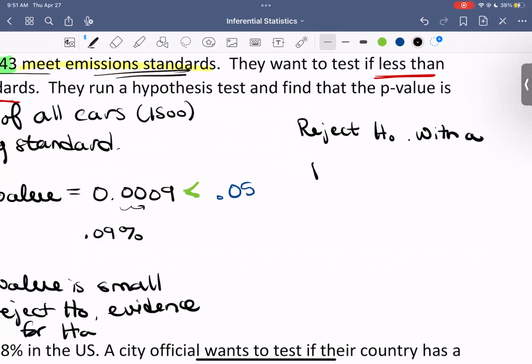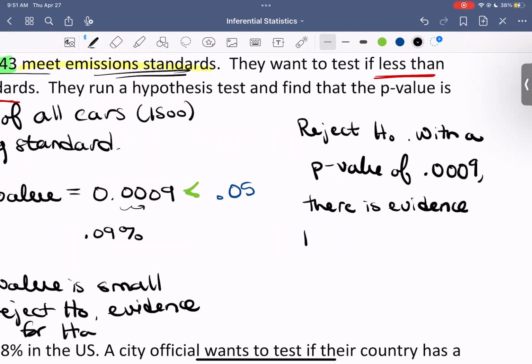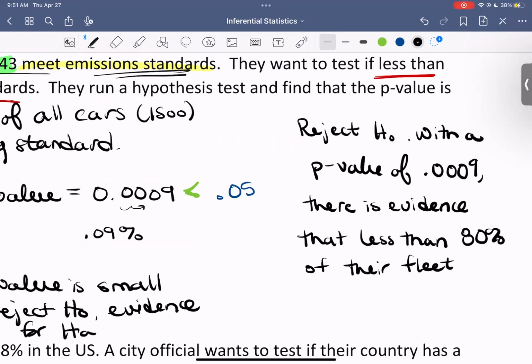Well, with a p-value of 0.0009, we can say there is evidence in favor of that alternative, meaning that less than 80% of their cars, we call it a fleet, of their fleet meets emissions standards.